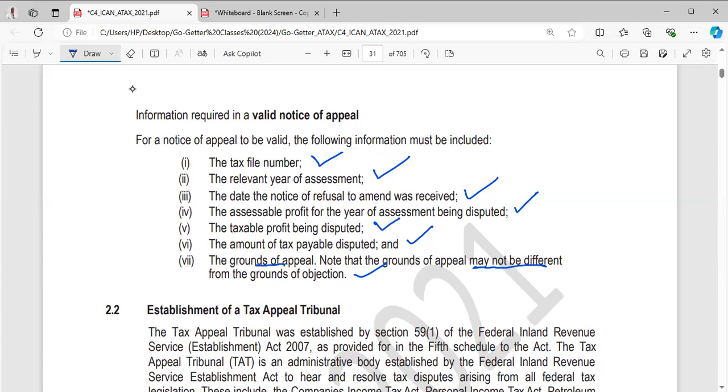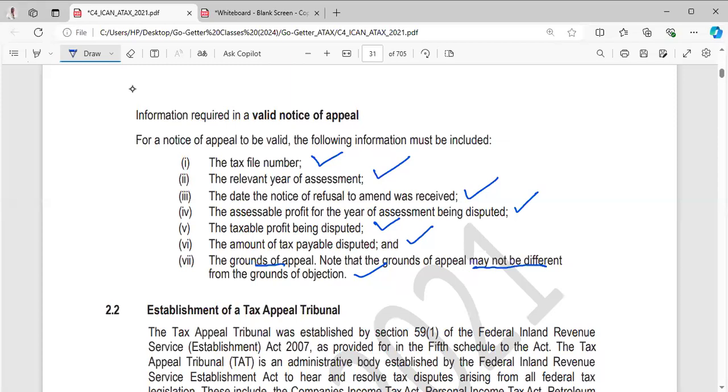So it means that when you are crafting your notice of objection, you should craft it well in such a way that if they refuse, you can take it further to the tax appeal tribunal. And so it is going to be the same notice of objection which you are now writing in your appeal notice, and it becomes the notice of appeal. So these 7 items are the fundamental things that will be found in your valid notice of appeal.